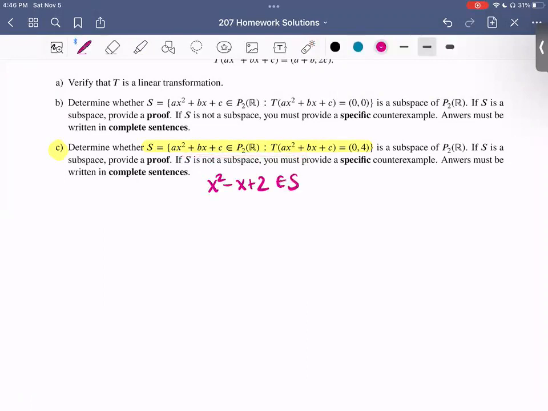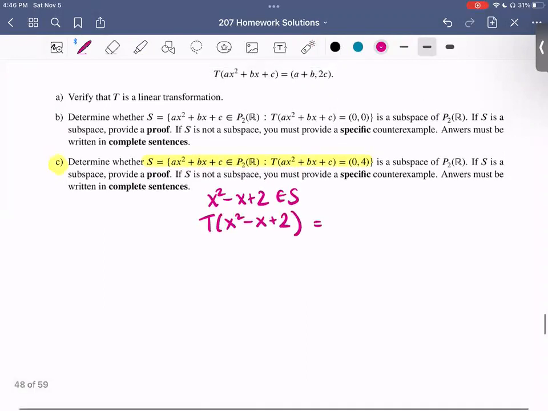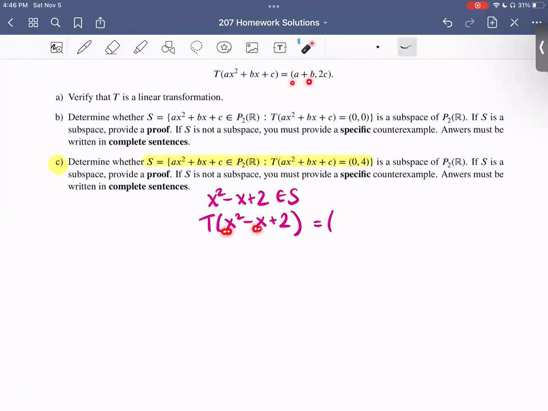If I apply the transformation, the rule I was given says add up the coefficients on x squared and x, that's 1 plus negative 1, and then take 2 times the constant component, so 2 times 2, and I get (0, 4). So this is one example of an object that's in S.